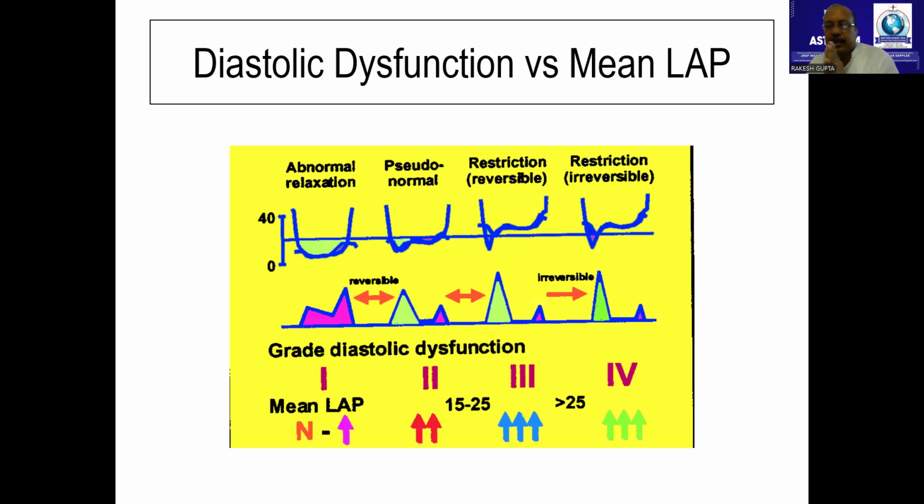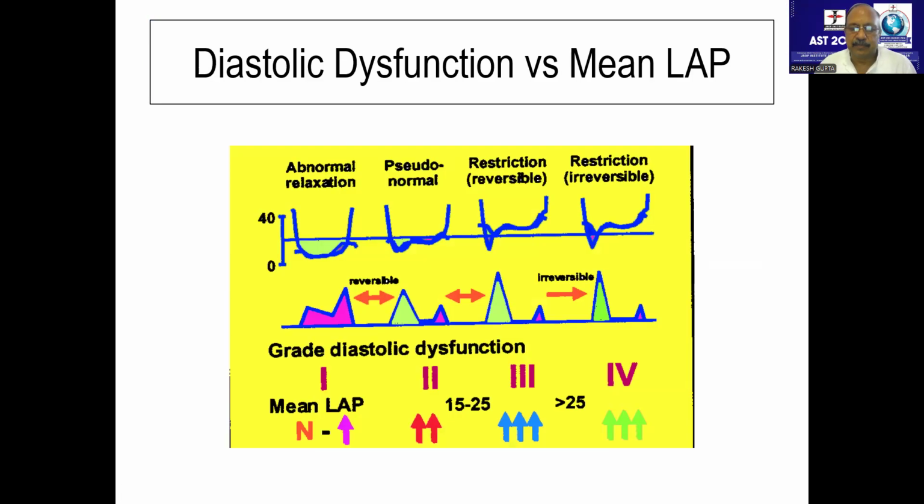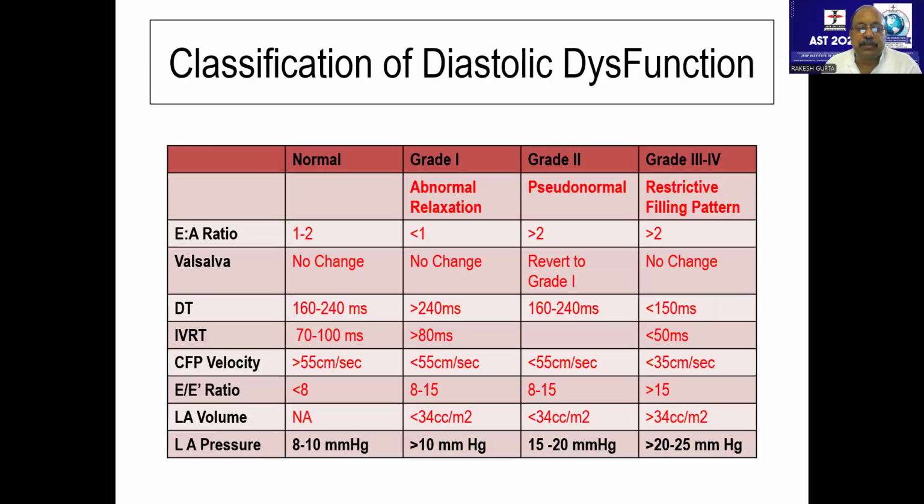Correct? If my LV becomes stiff, my LA pressure builds up, so what exactly happens? The initial filling from E wave to A wave reverses, where E has to push a small amount of blood and the atria has to contract more to push the blood into the left ventricle. If the stiffness becomes more, E becomes further taller and A becomes smaller. This is what is reflected by this particular picture.